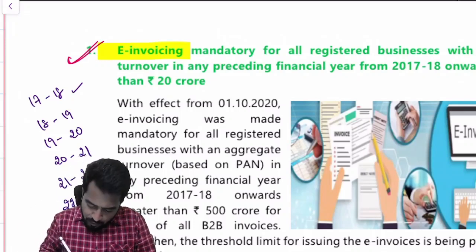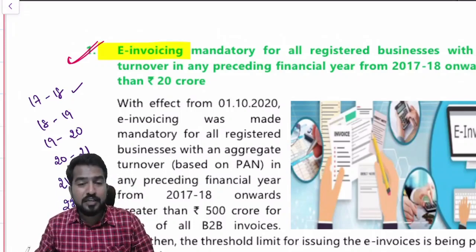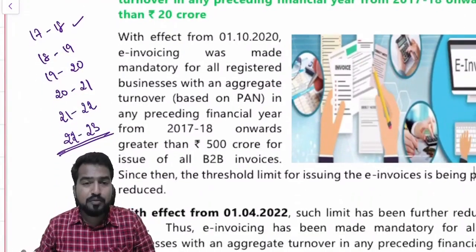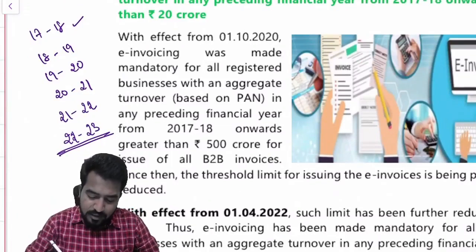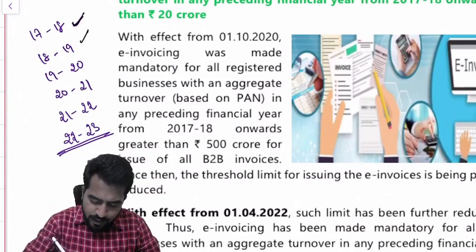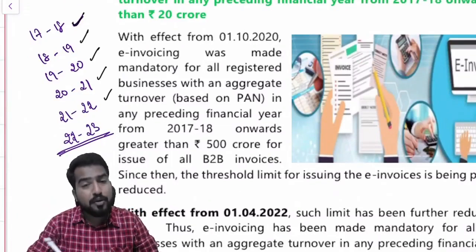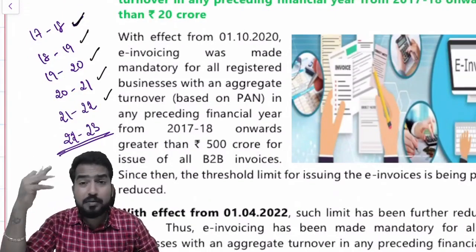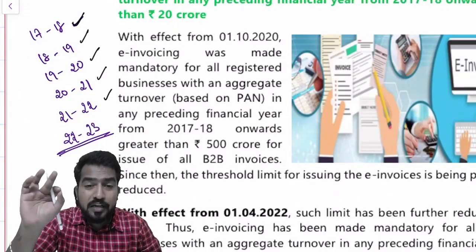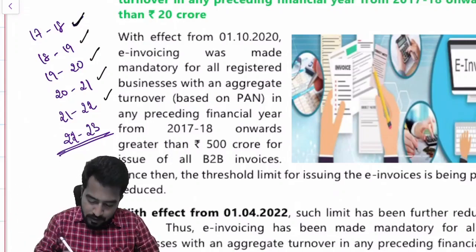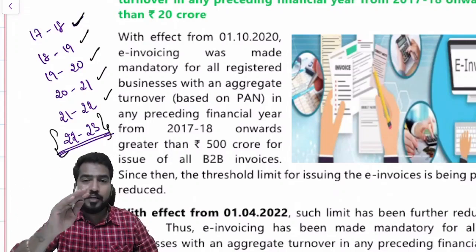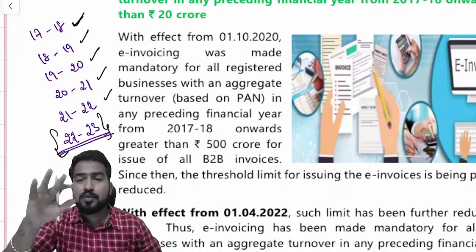So for 22-23, in any preceding financial year, if the aggregate turnover has exceeded 50 crores, then e-invoicing provisions are applicable. That was the story.